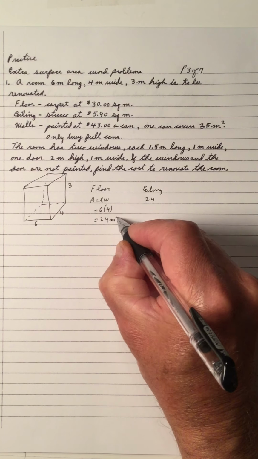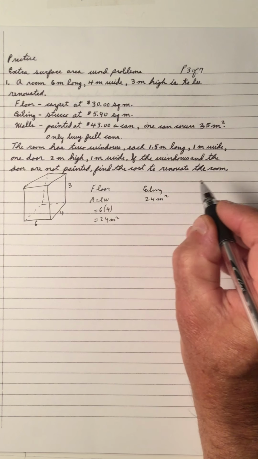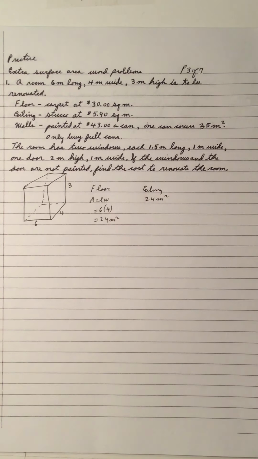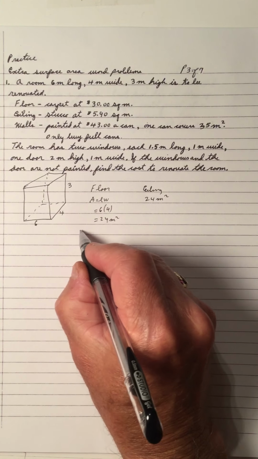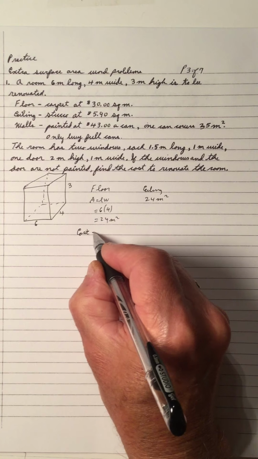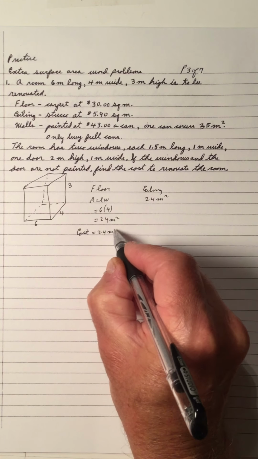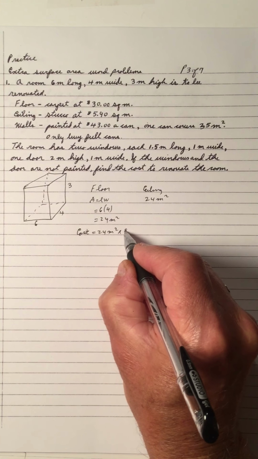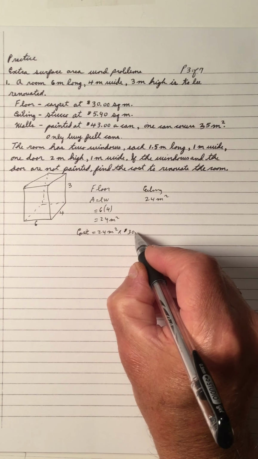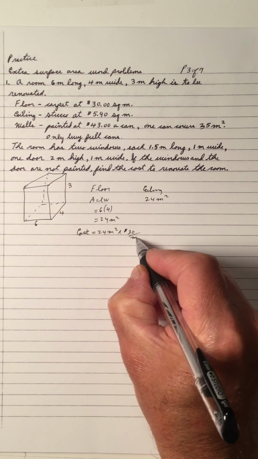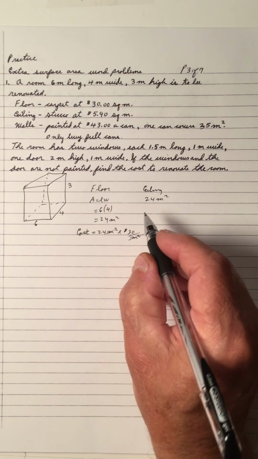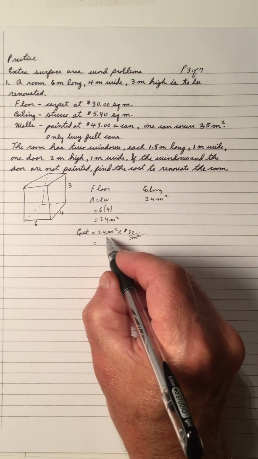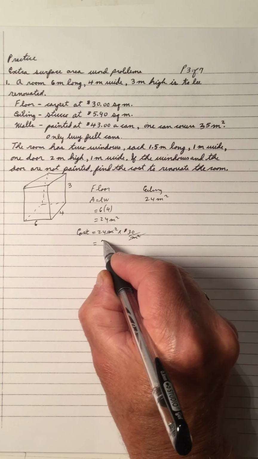And this is square meters because the area, length times width, is 2 dimensions. And the cost to do the floor is $30 per square meter, and the square meters cancel out, so when we multiply, we get $720.